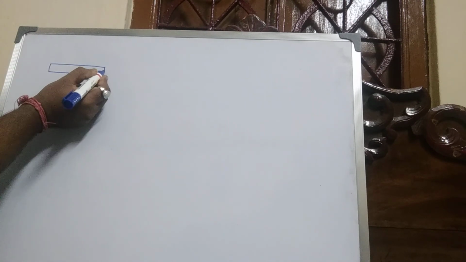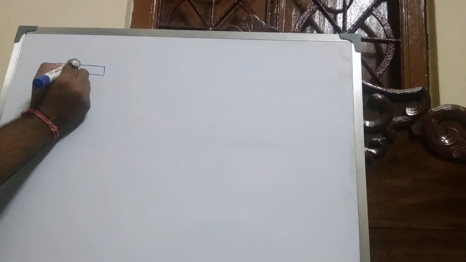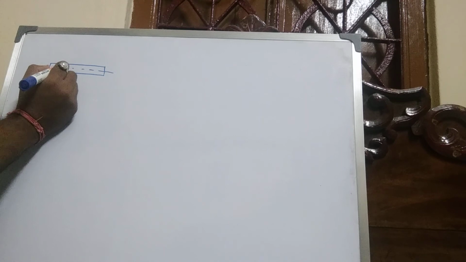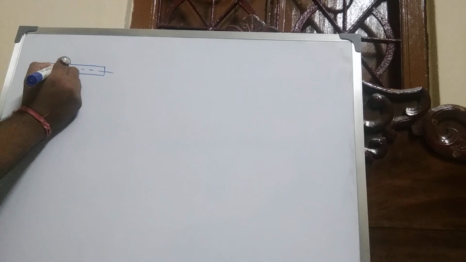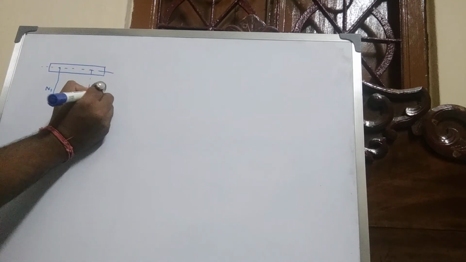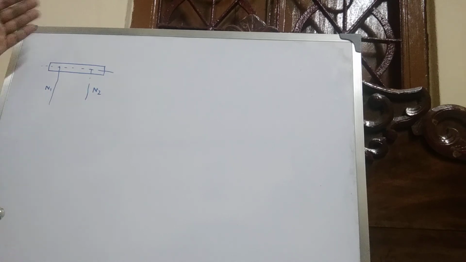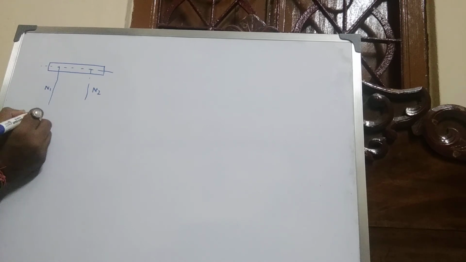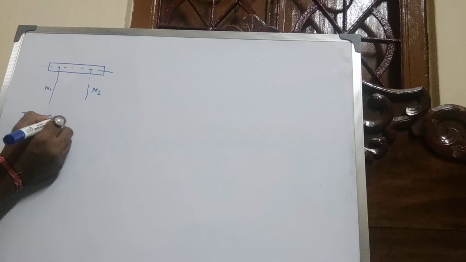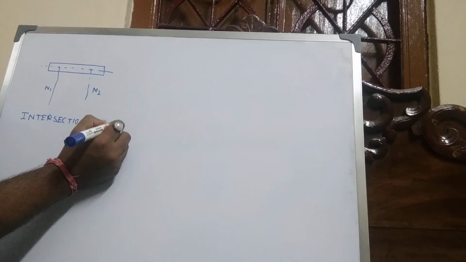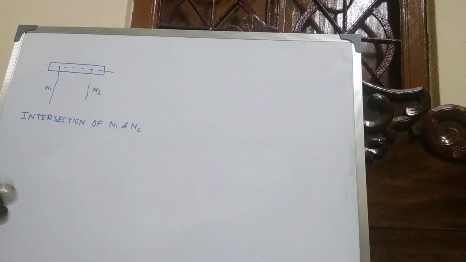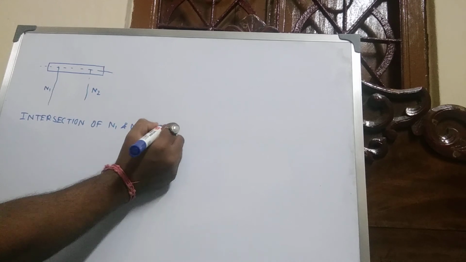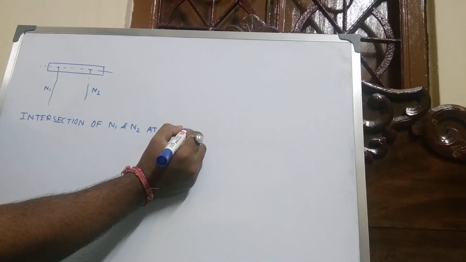For a straight beam, this is the axis. Draw normals at any two points, N1 and N2. The normals N1 and N2 intersect at infinity.